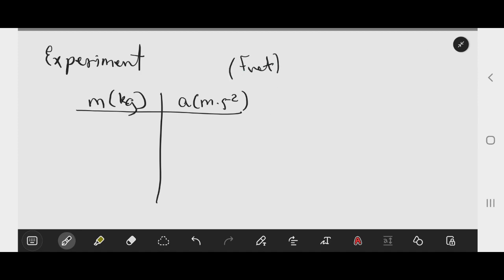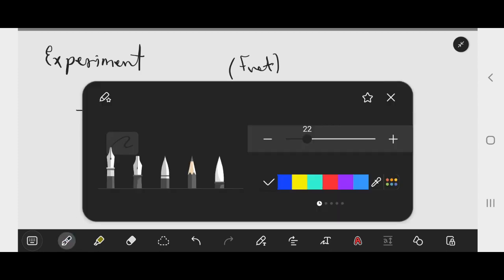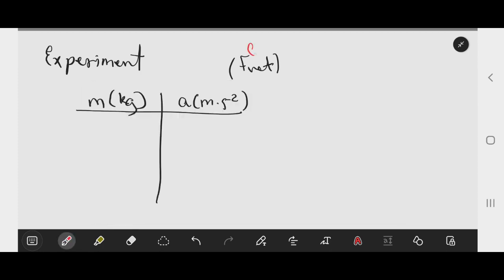Since the net force is constant, that is the controlled variable in this experiment. And since we are going to be changing the mass of the object, the mass of the object is the independent variable.